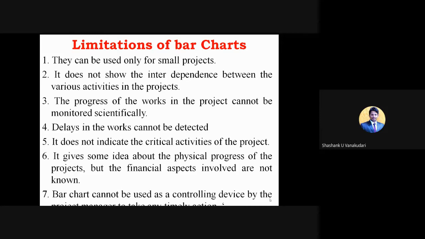Whatever the maximum duration consumed by that particular path, we call it the critical path, and whatever activities are in that critical path are called critical activities. We'll study that in a later part.